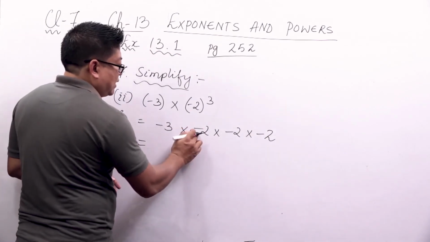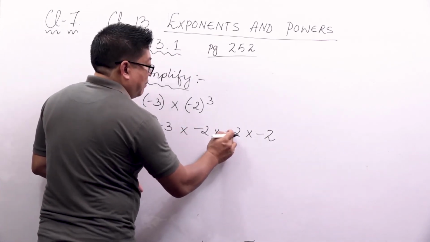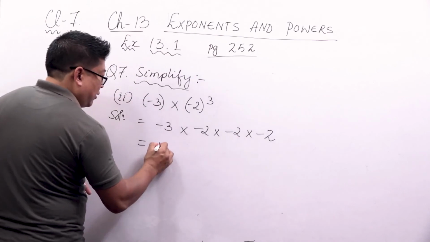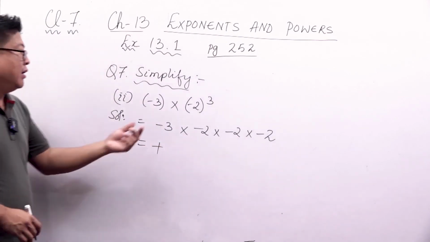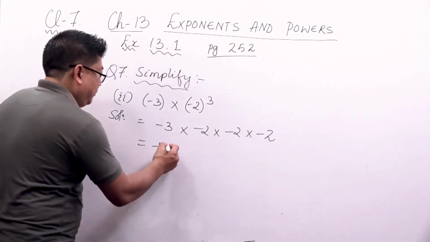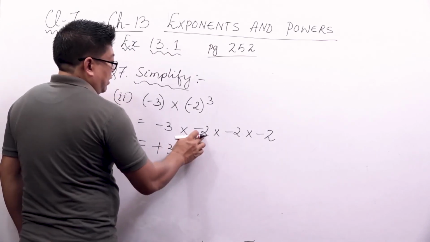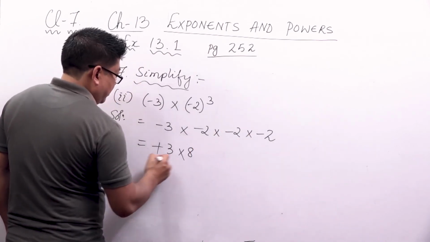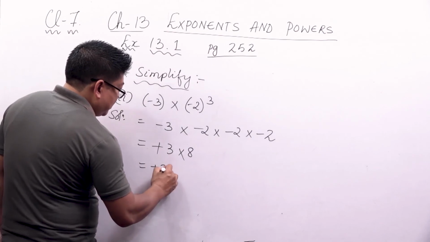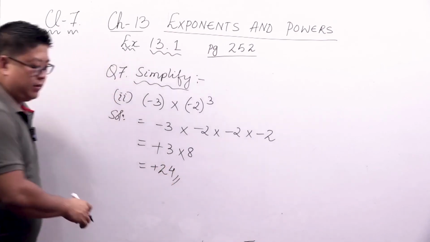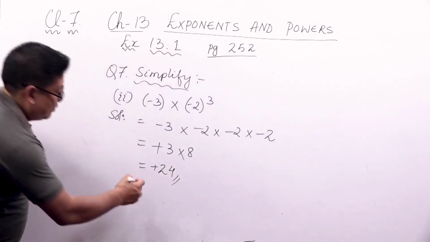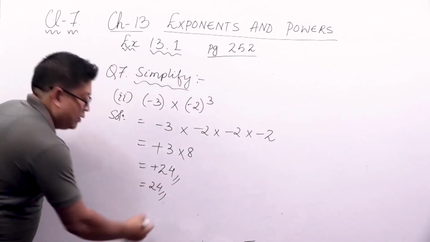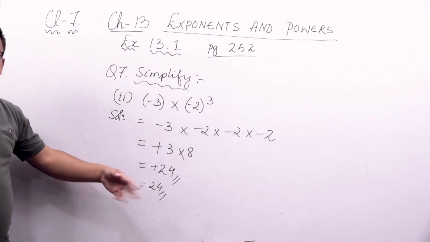Minus into minus plus, plus into minus minus, minus into minus plus. So, your answer will be plus. Multiply this, 3 into 2 into 2 into 2, 8. So, you are getting plus 24. Or you can simply write 24. If you don't write any sign here, it means plus. Okay?